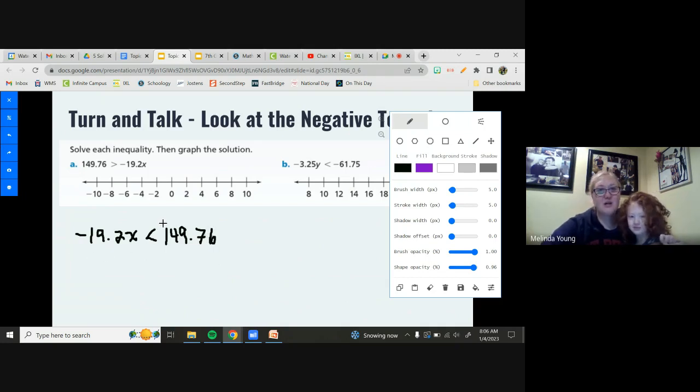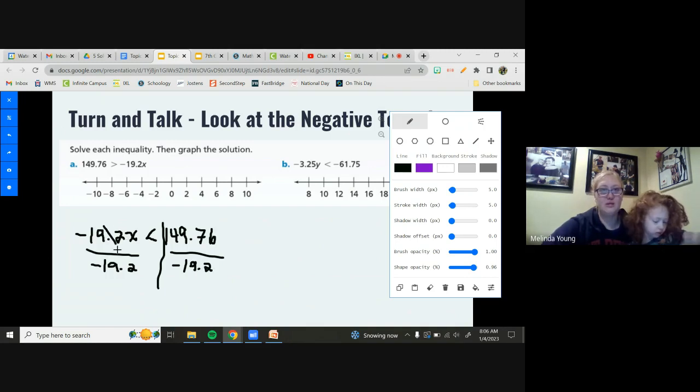Now I'm going to solve this like I normally would. I'm going to divide by negative 19.2. These go away. Because I'm dividing by a negative number here, my inequality is going to flip. So instead of less than, I'm going to make it greater than. 149.76 divided by negative 19.2 is negative 7.8.